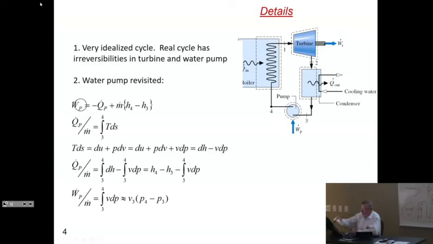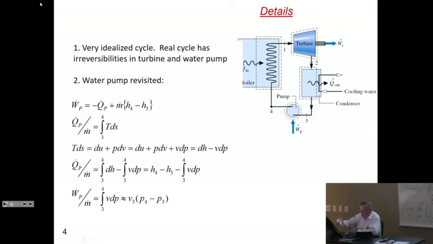So if we're looking at the pump, we have the heat losses in the pump, of course, and then we have this change in enthalpies, and we will have irreversibilities, but I can work this out. So let me take my PdV and my TdS equations. TdS is dU plus PdV. dU plus PdV plus VdP is dH minus VdP.